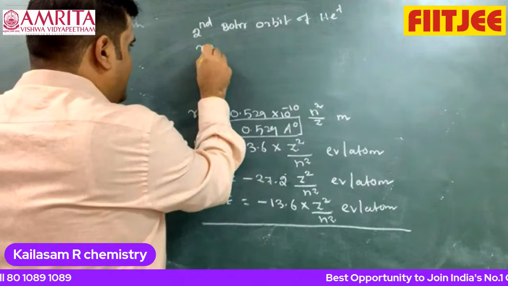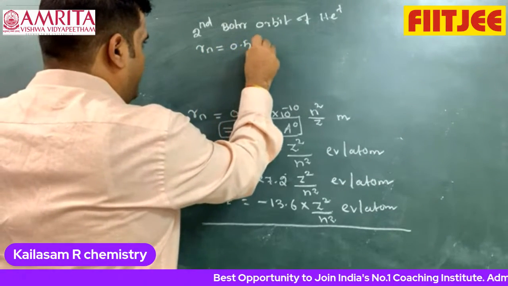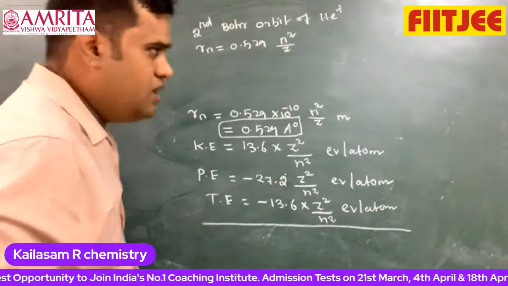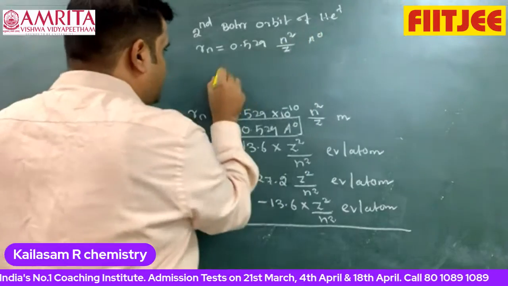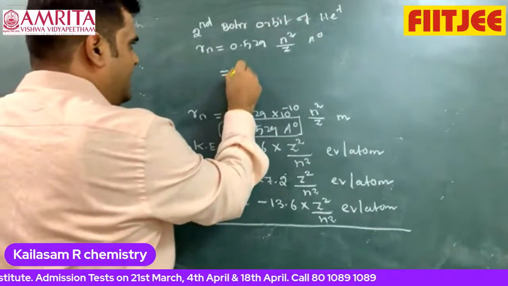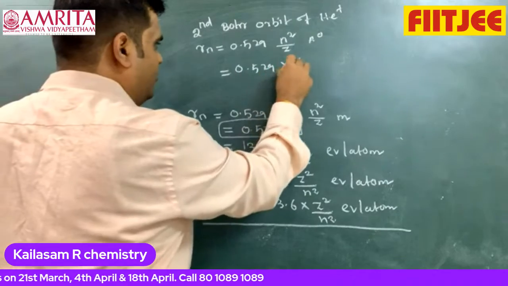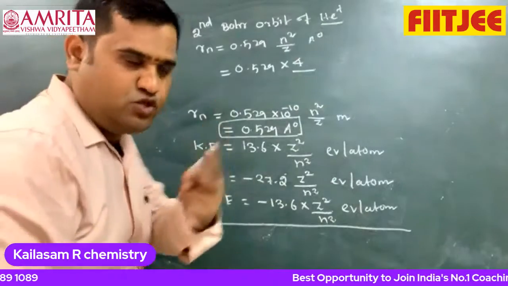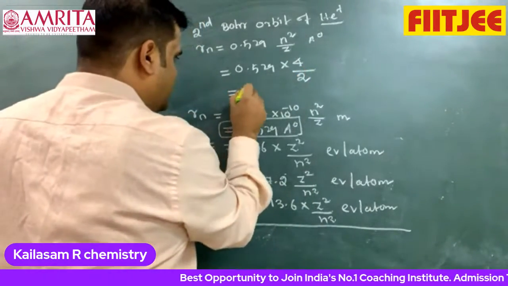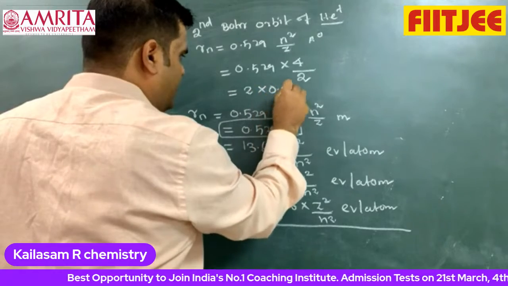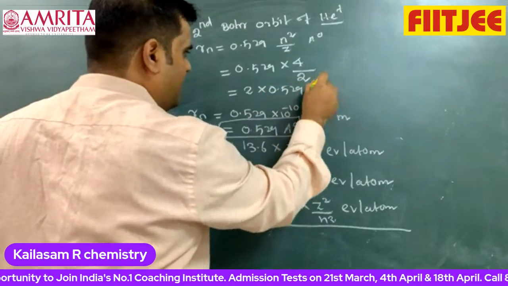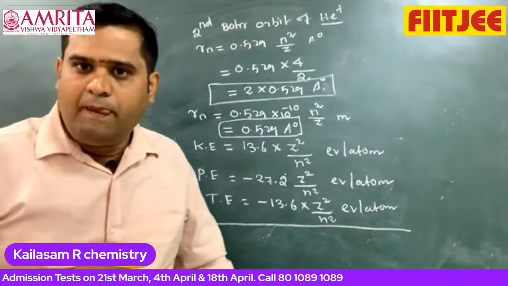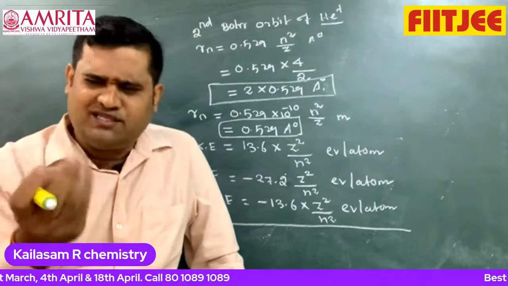Rn is equal to 0.529 n squared by Z, in angstrom. For the second Bohr orbit, I can write 0.529 into 4 by the atomic number of helium, which is 2. So the answer is 2 into 0.529 angstrom. That's all. This is what they will ask from the examination point of view. It's a simple question.